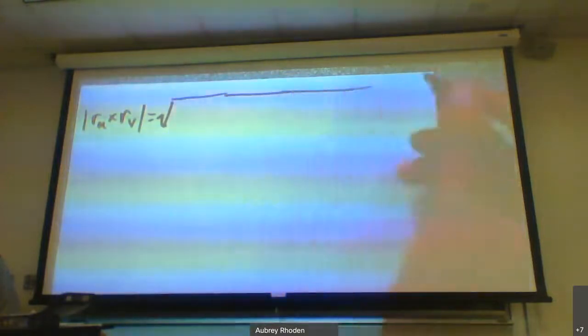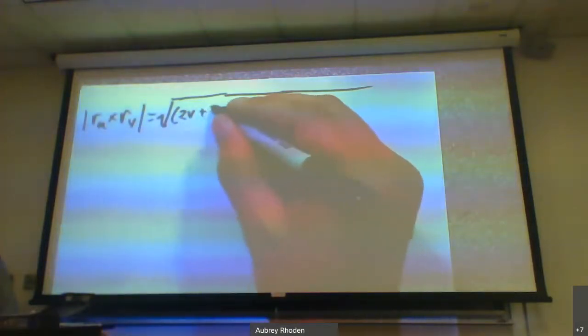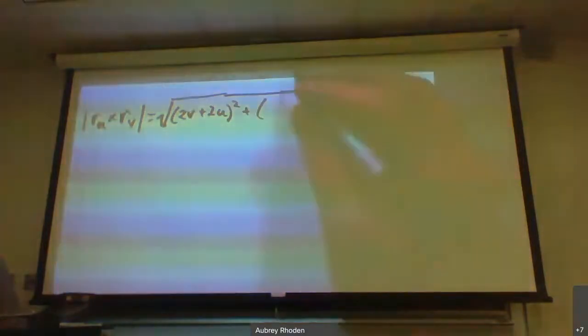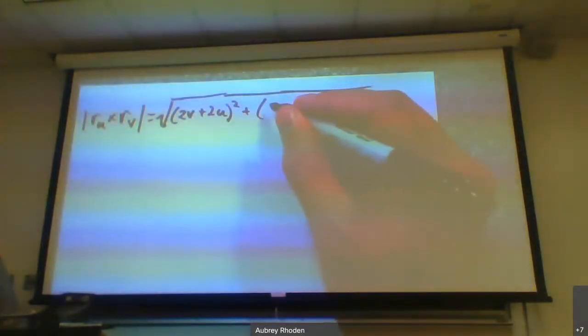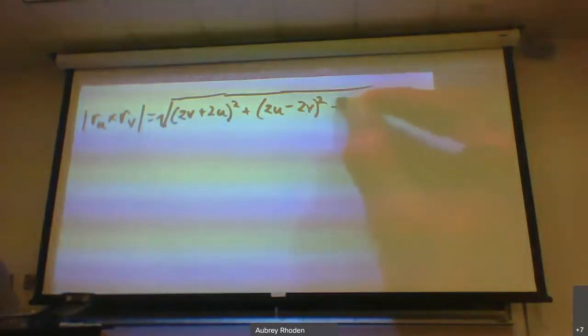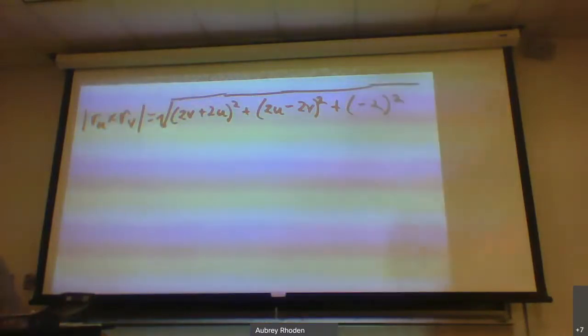is going to be the square root. Let's take all of our components and add them together. So that's going to be 2V plus 2U squared, plus 2U minus 2V squared, and then plus a -2 squared.